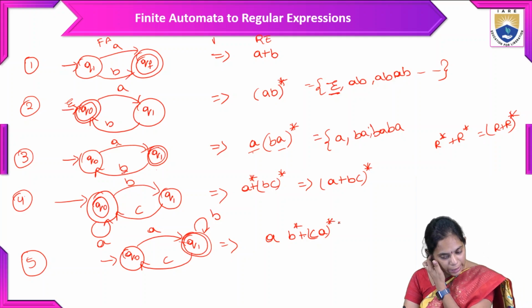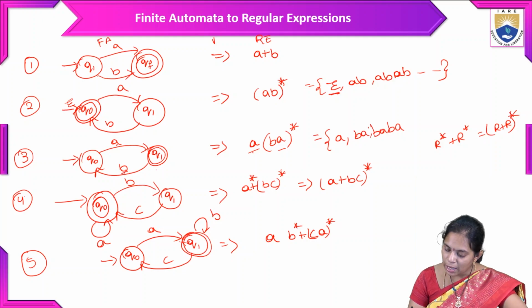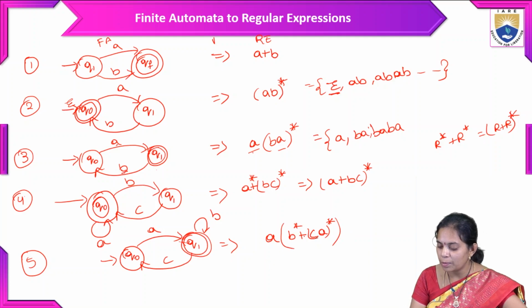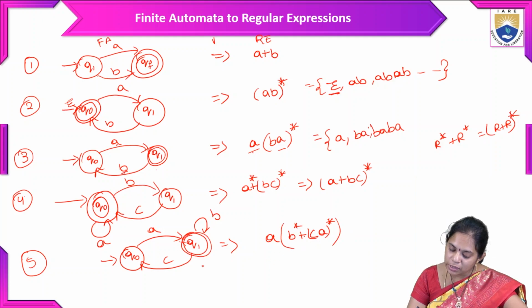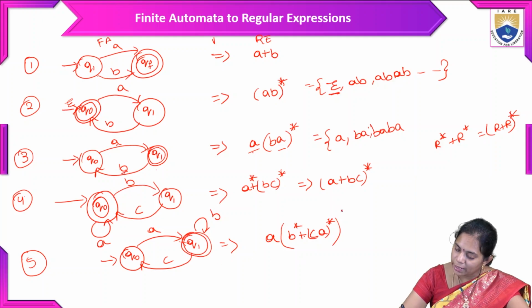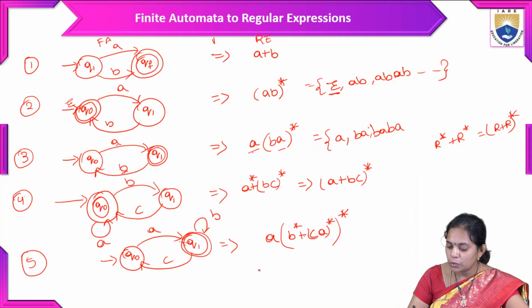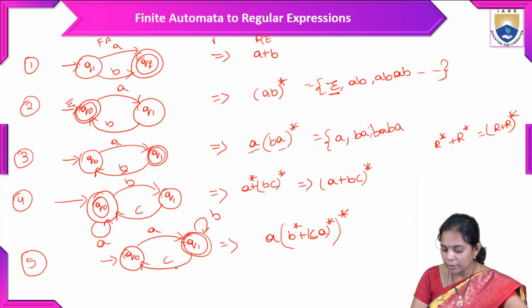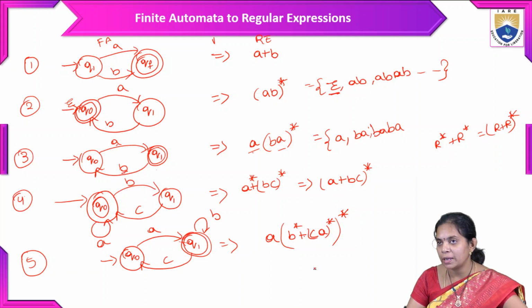And here A is the input symbol, and along with the A input symbol we need to write B star plus, and since it is reaching multiple times we can write it as a whole star. So whatever loop we have initially, it is reaching the final state, so this final state is represented as a whole star.